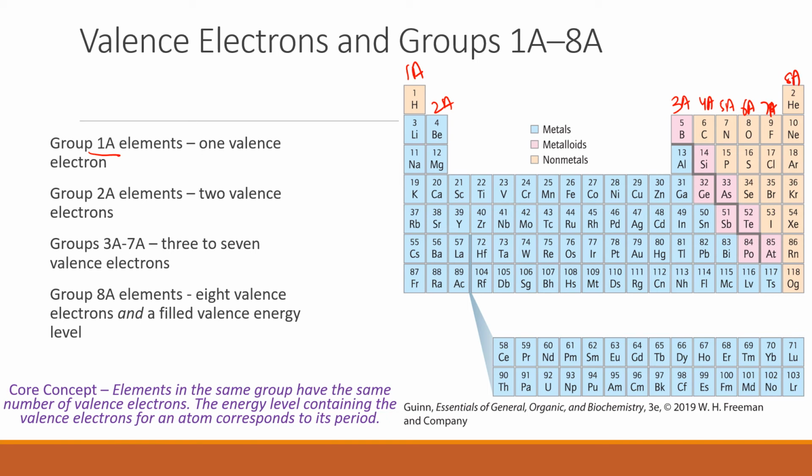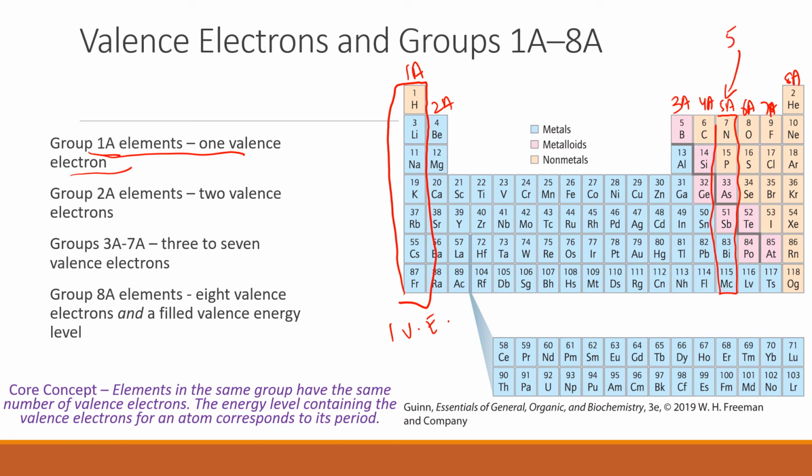All elements in group 1A have one valence electron. And similarly, any element in this group, which is 5A, will have 5 valence electrons.